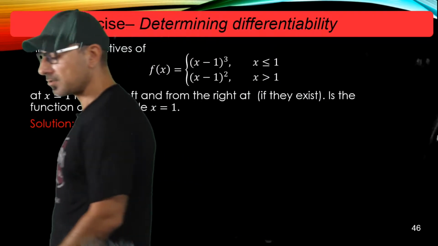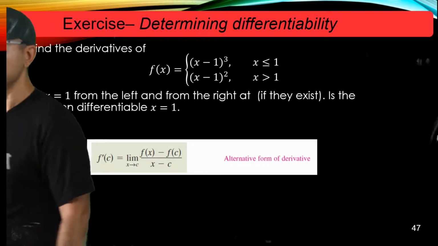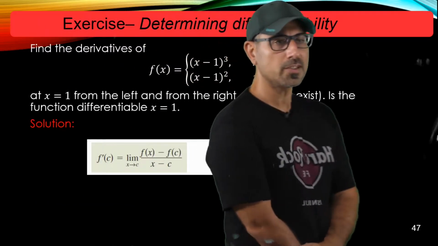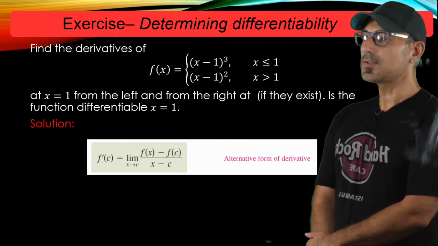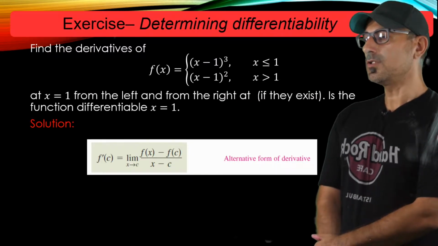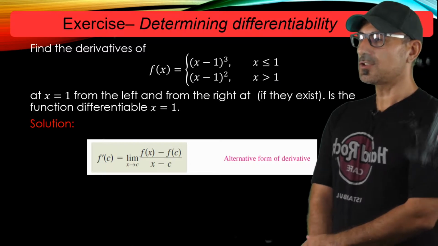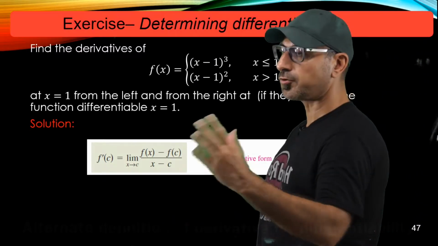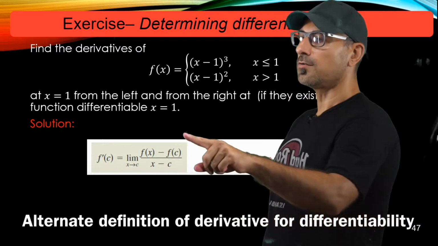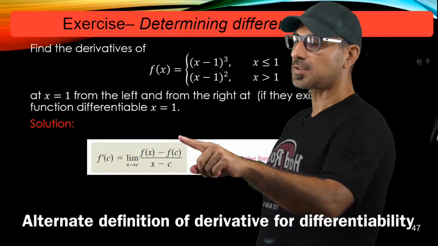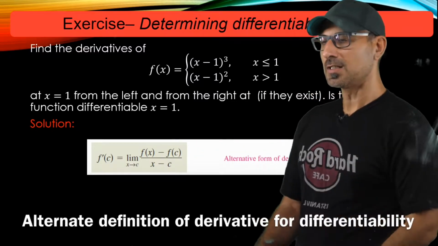Let me just remind you of an alternate form of the derivative at a point. Normally we used the limit definition where delta x was going to 0, and we were looking at the ratio of f of x plus delta x minus f of x, divided by delta x.